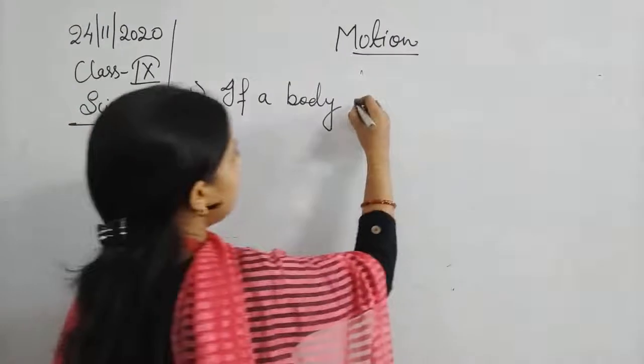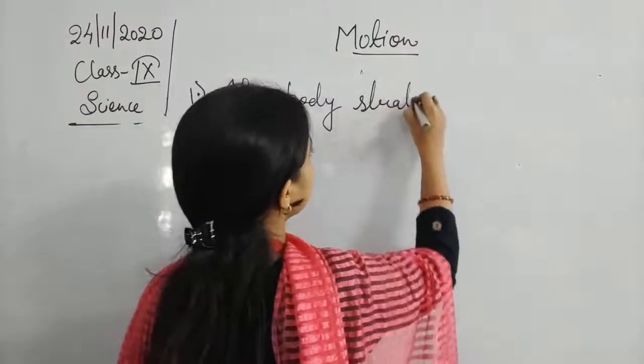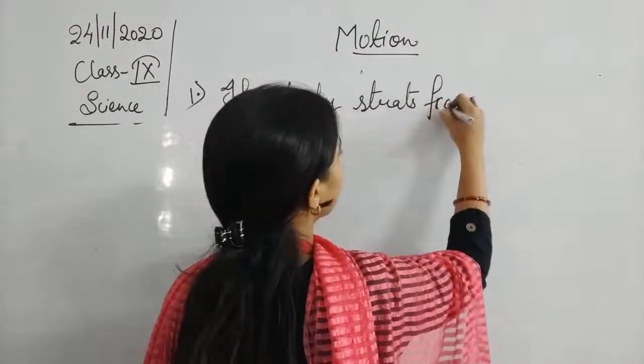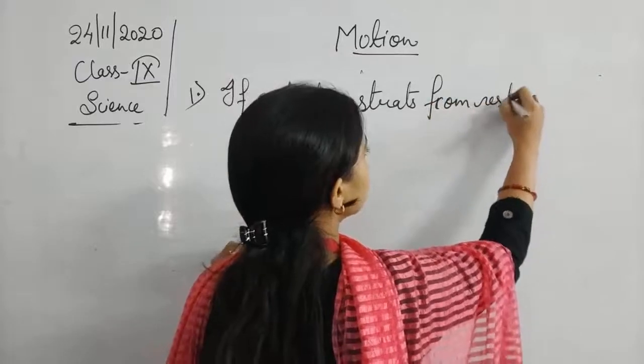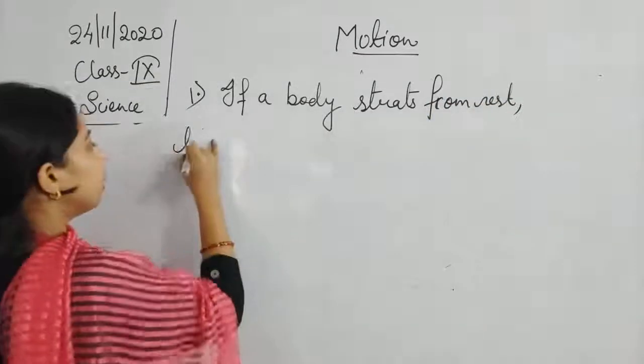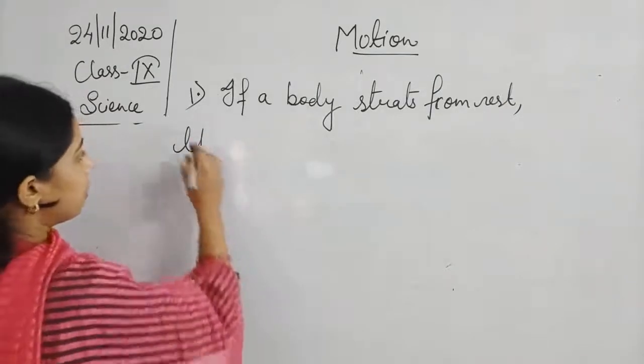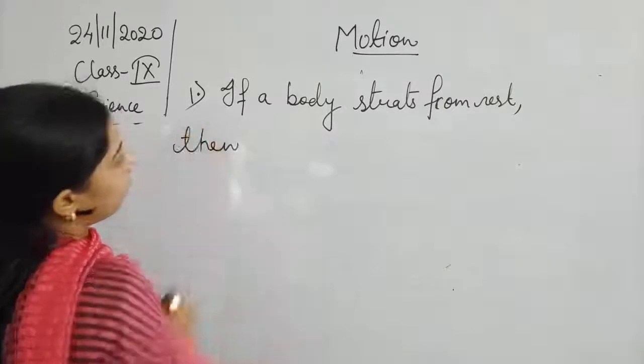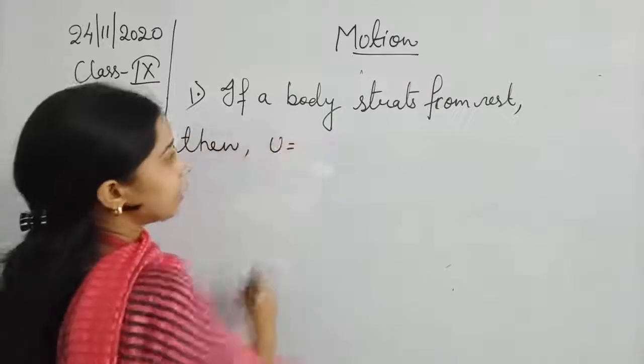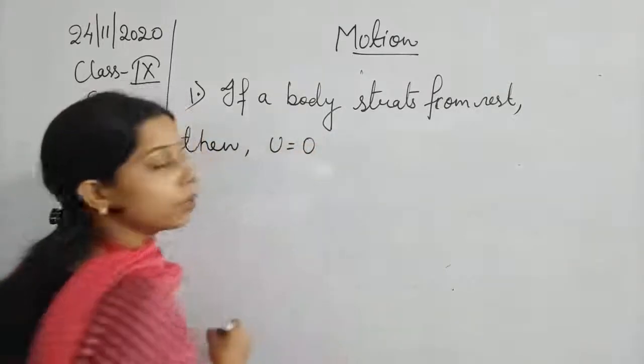If a body starts from rest, then u, that is initial velocity, will be equal to 0.